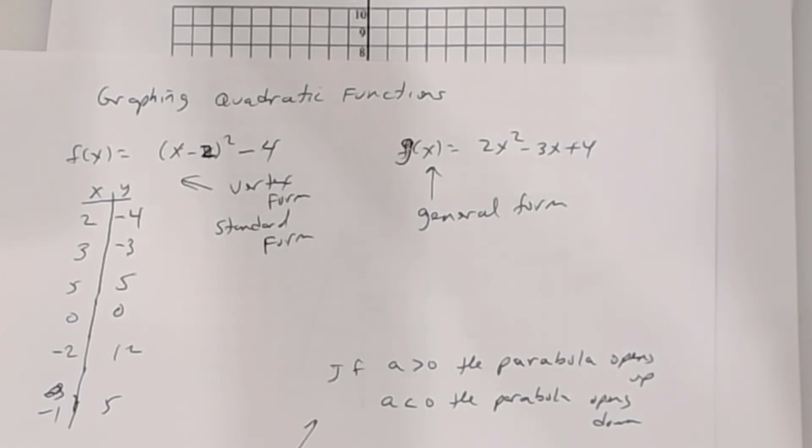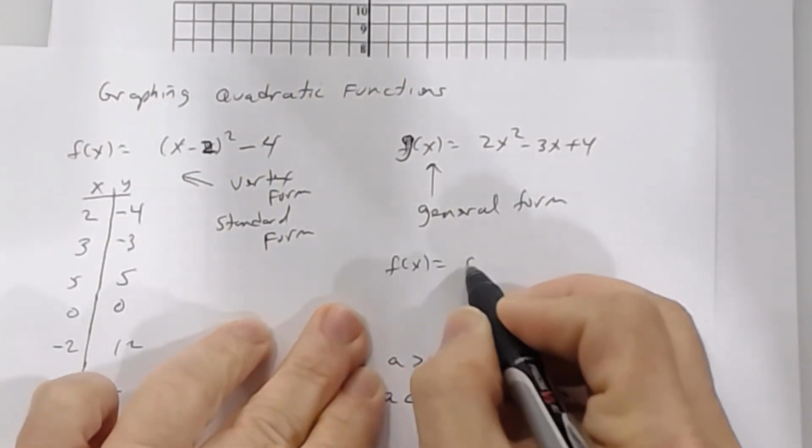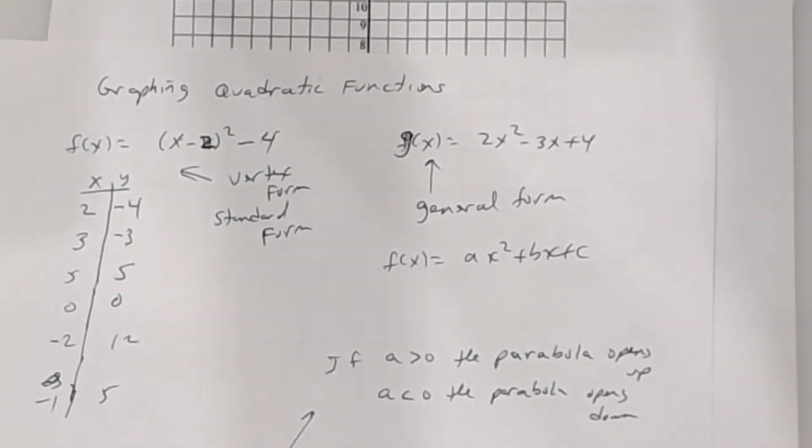It opens up. Because remember when we talked about quadratic functions, it was ax squared plus bx plus c. Remember that? Well, what letter tells you whether it opens up or down? A, the coefficient of x squared.